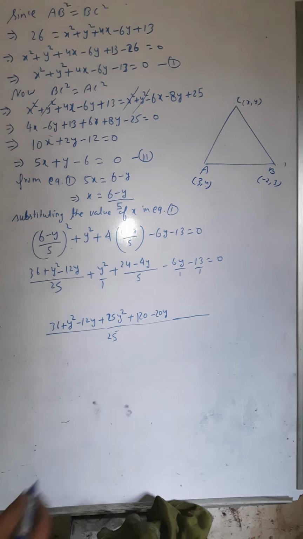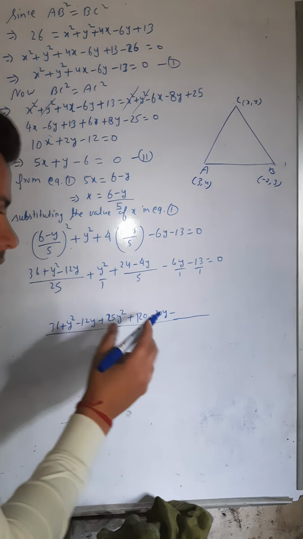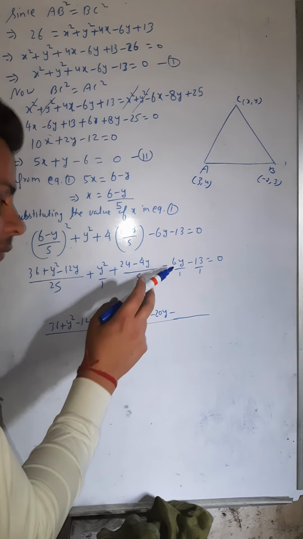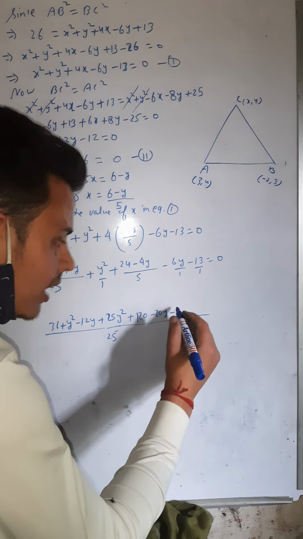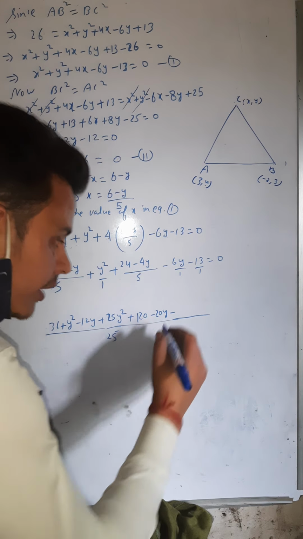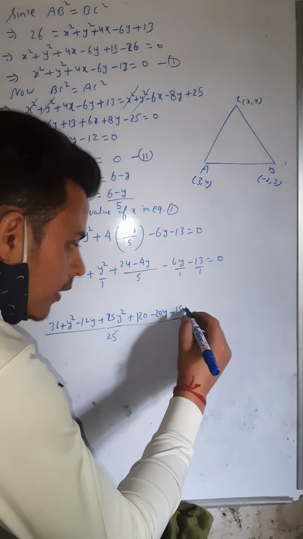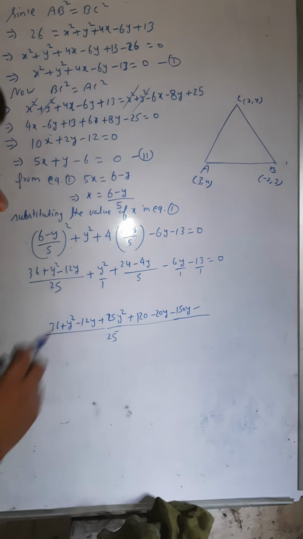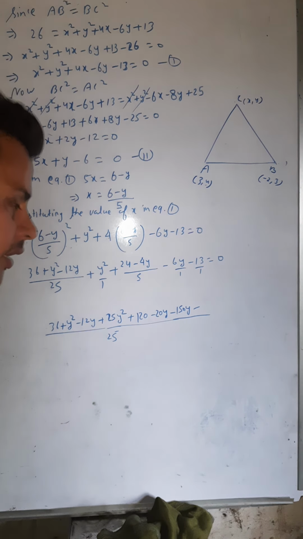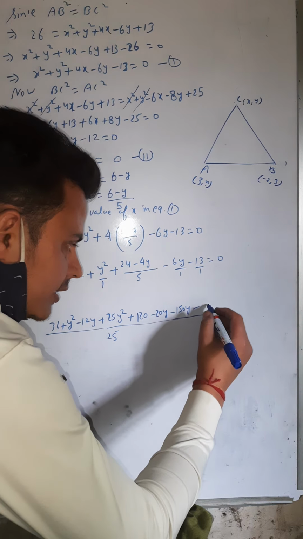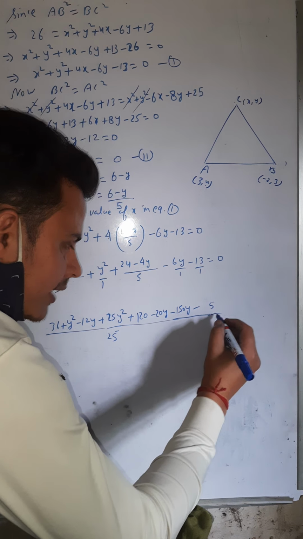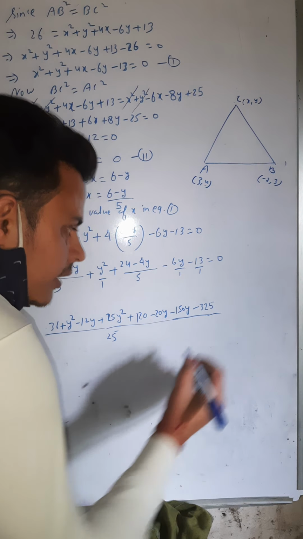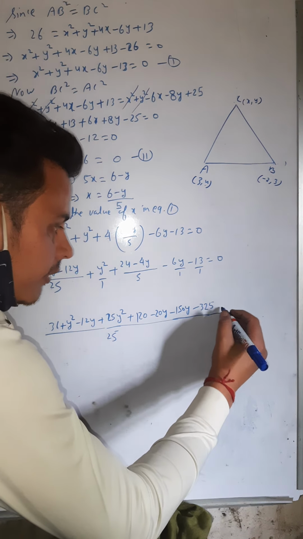Okay. Similarly, minus 6y. Here also to make it 25, I will multiply down by 25 and upside also by 25. 25 6s are 150y. Minus 13. Here also down by 25, upside also by 25. So how much will it become? 25 13s are 325. It will become this much, will be equal to 0.